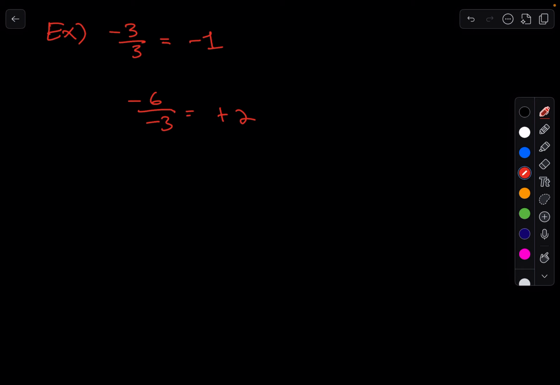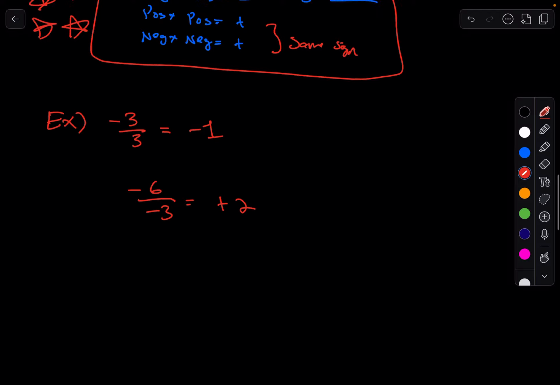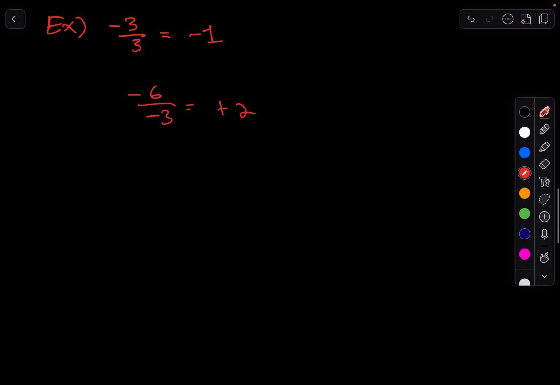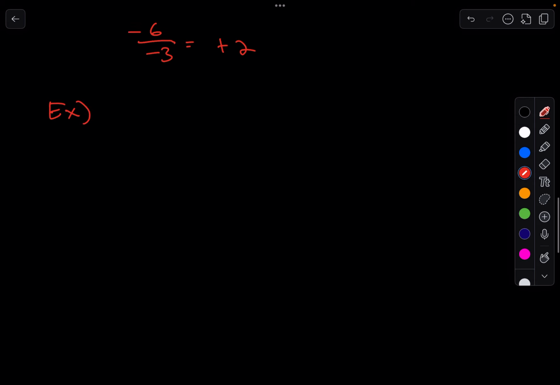If you divide a positive by a negative, you'll get negative. If you divide a negative by a positive, you'll also get negative. If you divide a positive by a positive, you'll also get positive. It's the exact same logic. We could go through some more examples just to be sure.